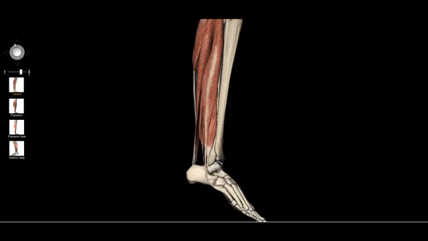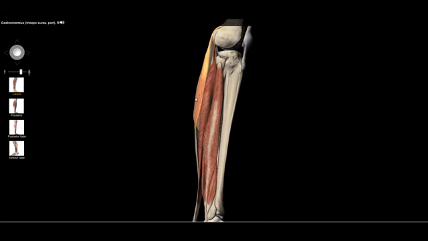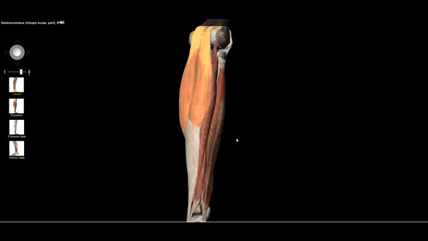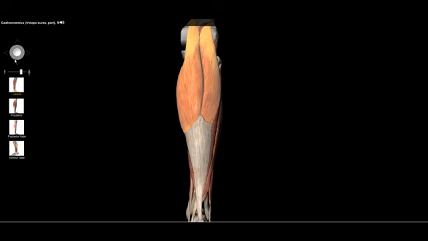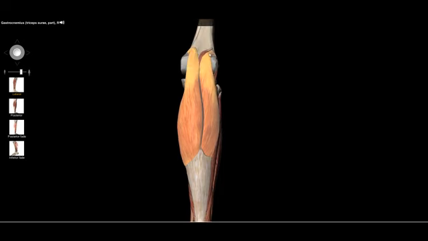So the biggest plantar flexor is the gastroc, the Gastrocnemius. We can see its origin on the medial and lateral femoral condyles.